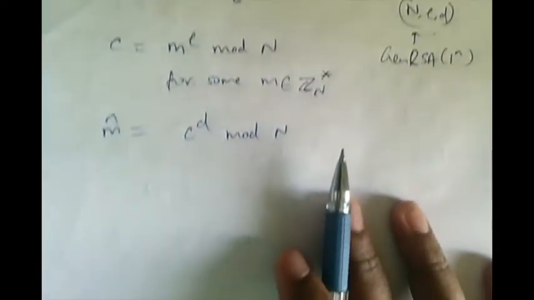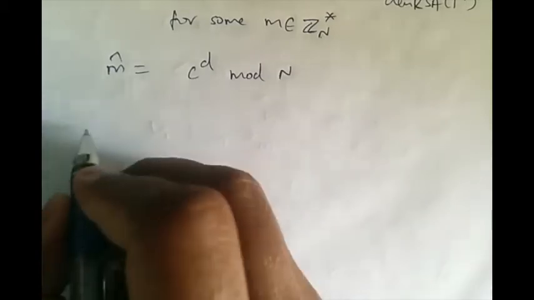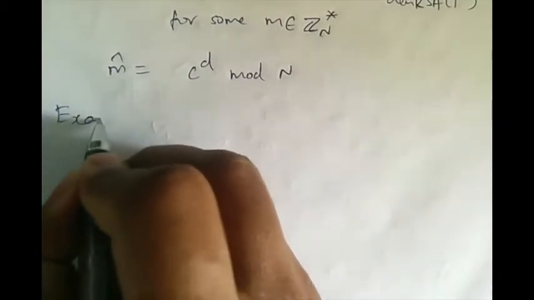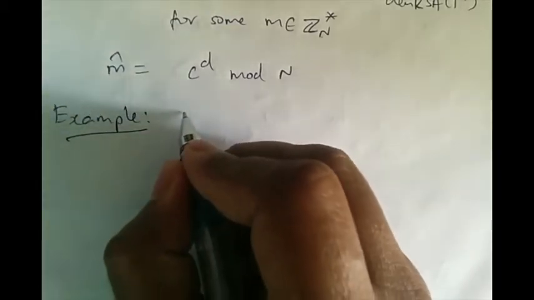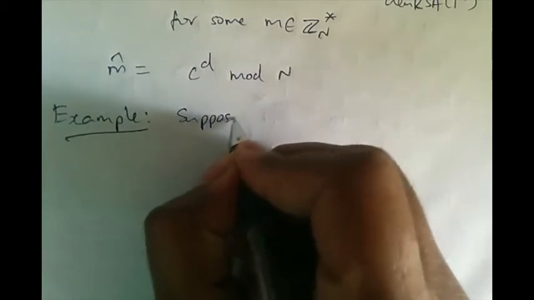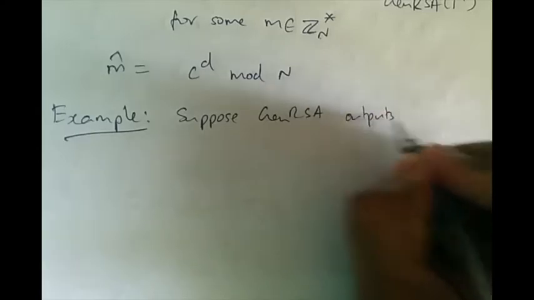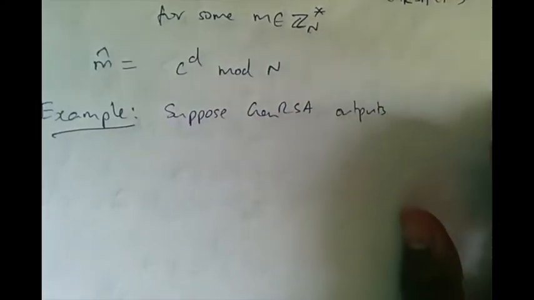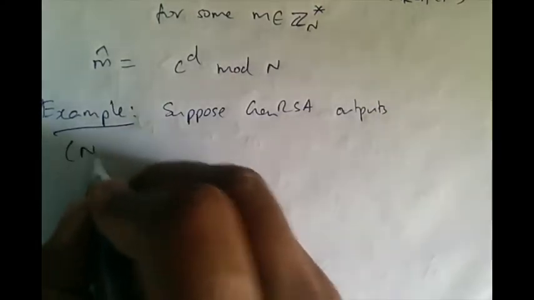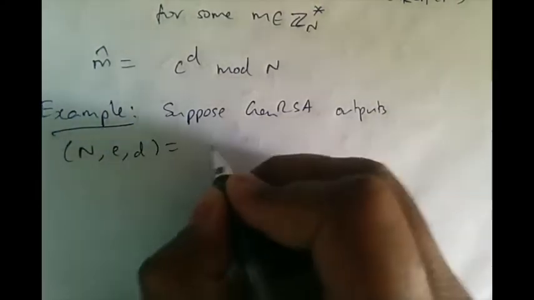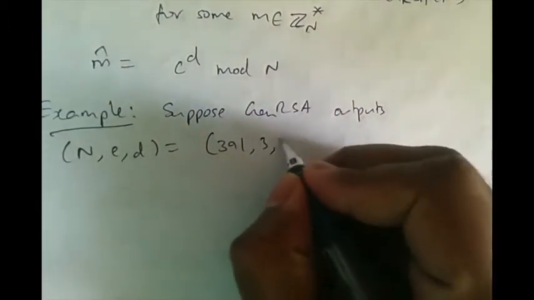Okay. So the numerical example will be as follows. Suppose Gen RSA gives N, E, D equals 391, 3 and 235.